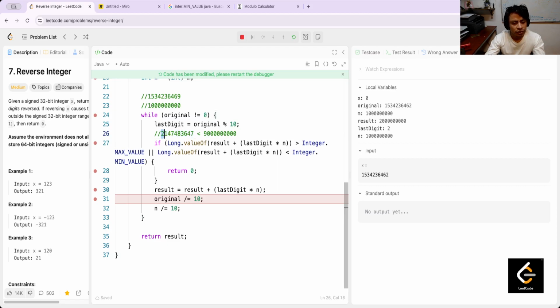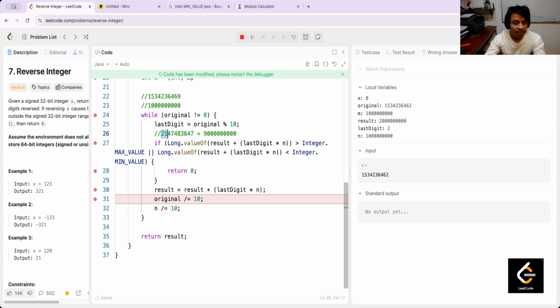Here is, well, I will say it in Spanish. Es 214,748,000. No, mentira. Son 2,147,483,647.